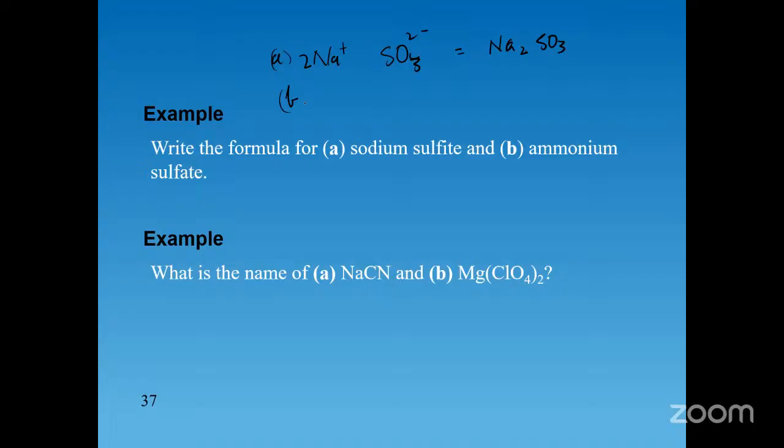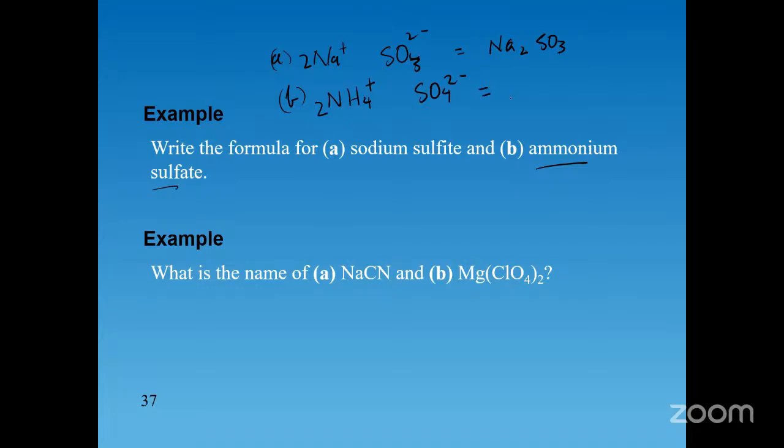For the B part, ammonium sulfate is what you're given. Again, you'd have to go to the tables. You look for the formula for ammonium, which is NH4+. You look for the formula for the sulfate ion, which is SO4 2-. In this case, as in the previous question, we have to multiply this by 2 to achieve charge balance.